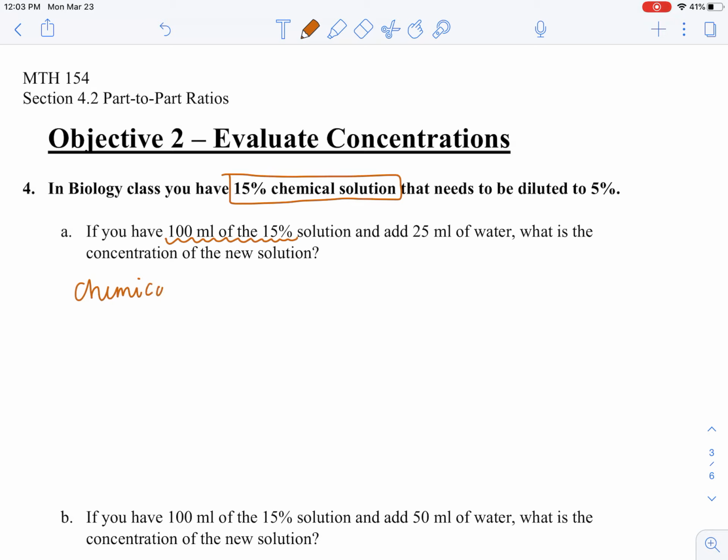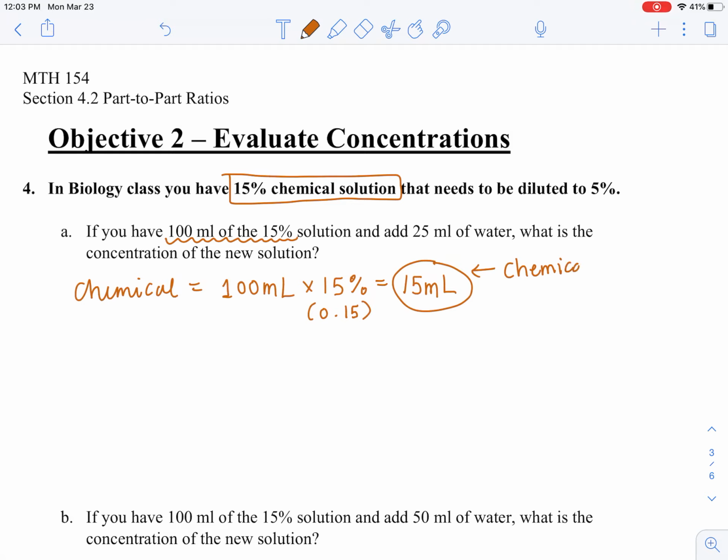Chemical equals 100 milliliters times 15%, or 0.15 for those of us who don't have a scientific calculator. That's going to be 15 milliliters, right? So that's how much chemical is in this current solution.